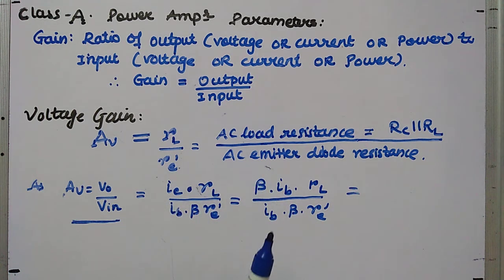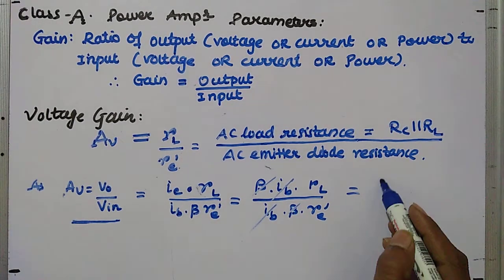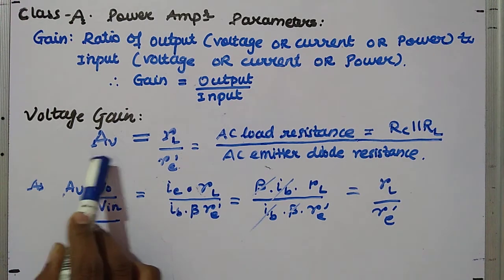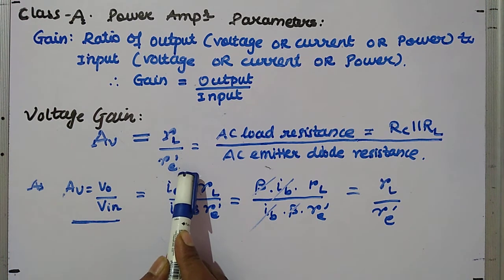The value of IE is given by beta times IB into RL, the AC load resistance, divided by the base current, beta and emitter diode resistance. If we solve it further, this value and this value will cancel. What remains is RL divided by re dash. Hence I have written here the voltage gain equals AC load resistance divided by AC emitter diode resistance.